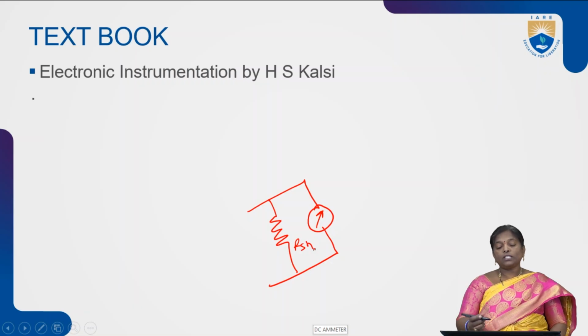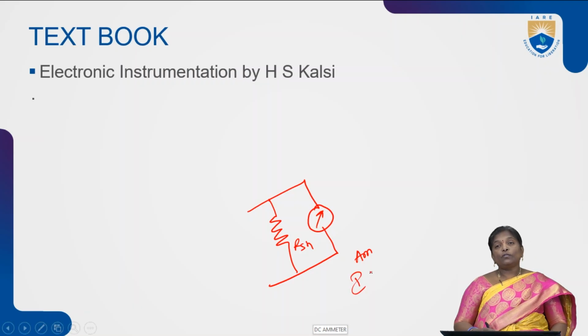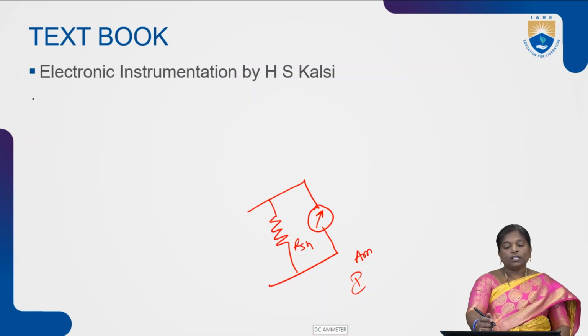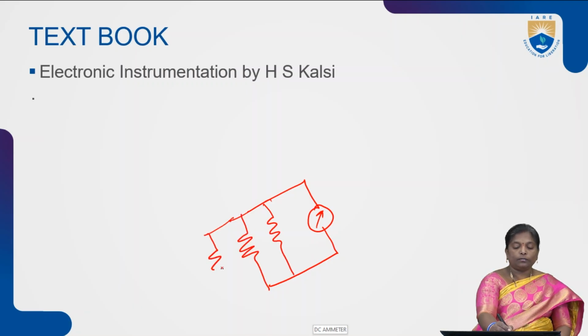With the help of this resistance, we can measure current readings. But if you want to measure different currents with the help of a single circuit, then instead of using a single resistance, we can use n number of resistances. We can connect n number of resistances together.